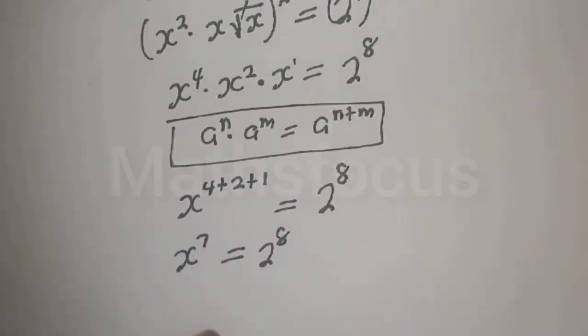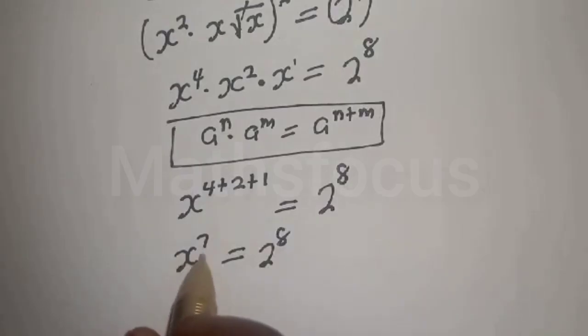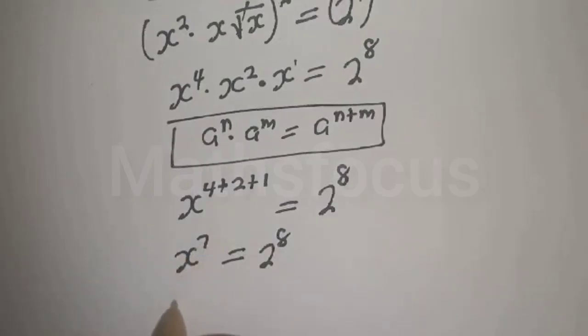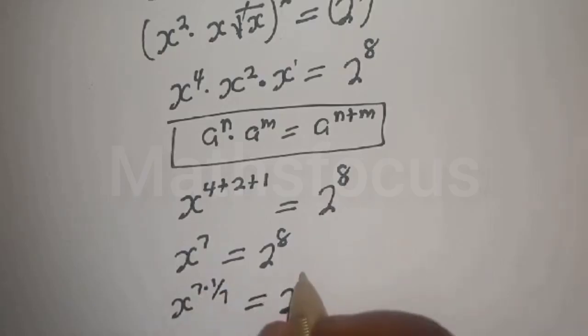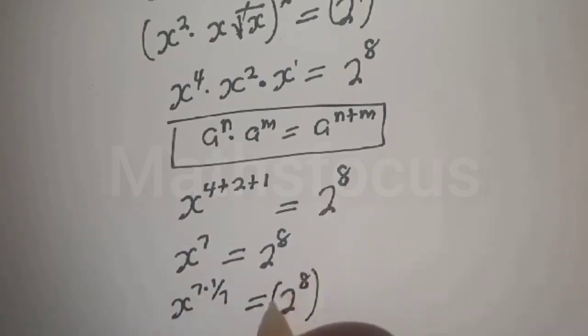But we are looking for the value of s. Let's multiply both sides by 1 over 7. Let's multiply the power of both sides by 1 over 7. That is s raised to power 7 multiplied by 1 over 7 is equal to 2 raised to power 8 multiplied by 1 over 7.